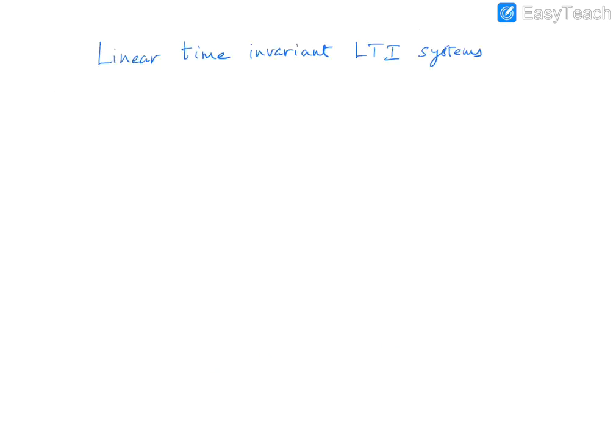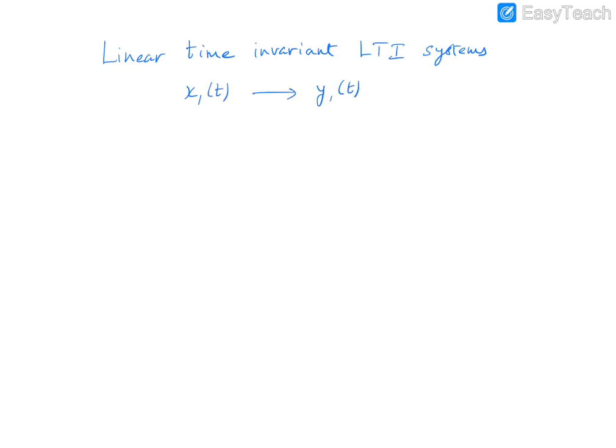Okay, so that's to do with the LTI systems, and in general, we can write this as follows. Let's say an input x1 of t produces an output y1 of t, and an input x2 of t produces an output y2 of t.